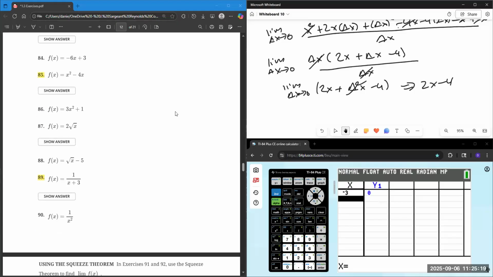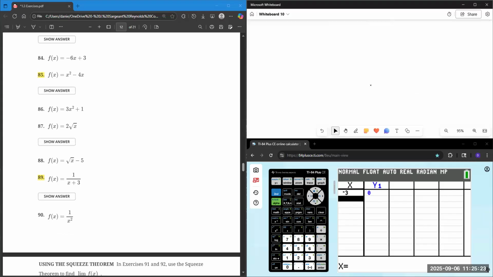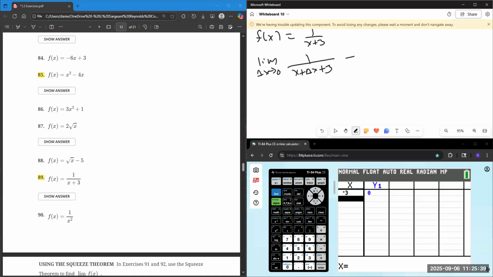So let's look now at number 89. If f of x is equal to 1 over x plus 3, I want the limit as delta x approaches 0 of 1 over x plus delta x plus 3 minus 1 over x plus 3.